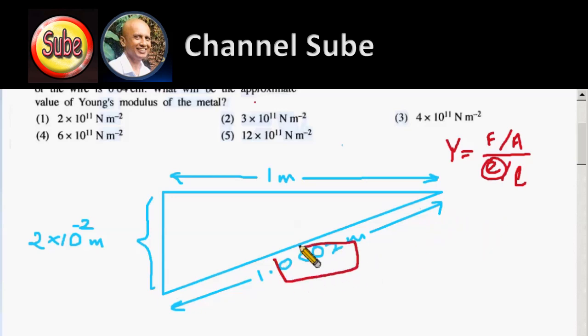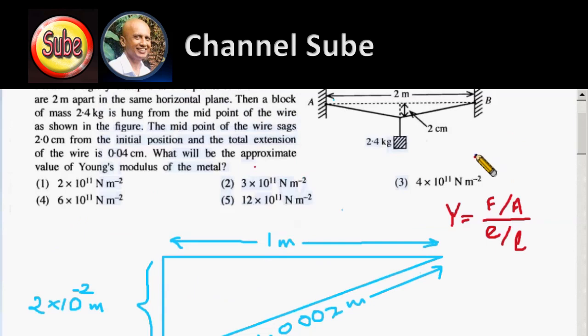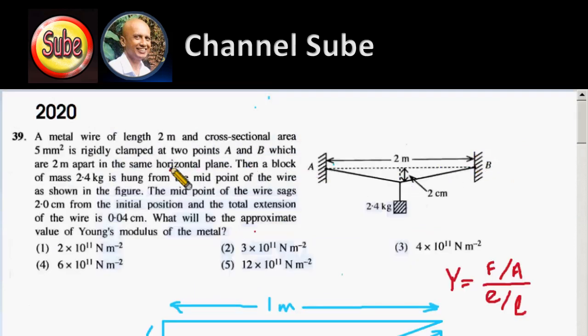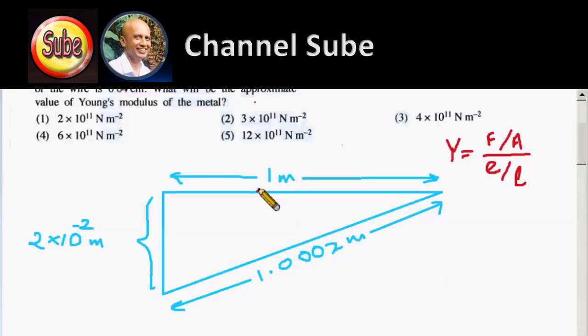Cross-sectional area is it given? Yes, this one, it is also given.